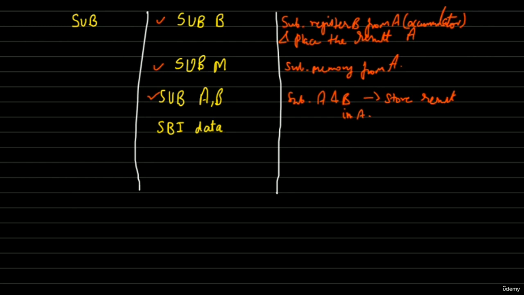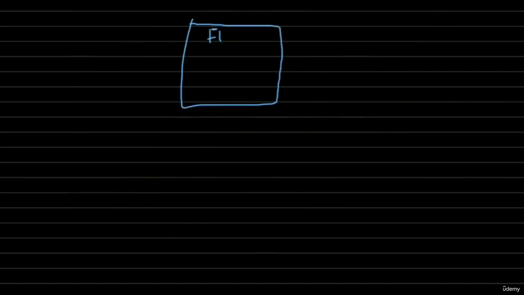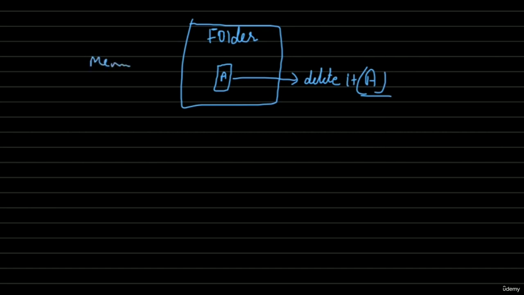In the first one, as you can see, my dear friend, we are having register B and register A. So, register B is subtracted from register A. It means just simply, if I write it this way, we are having a folder already, and in that folder there is already a file A. Now if I choose to cut it and paste it somewhere else, or let's say I just simply delete A, the memory gets free, which was occupied by A in the folder.